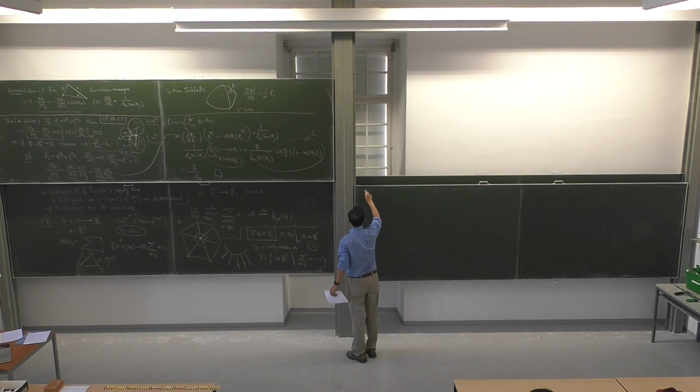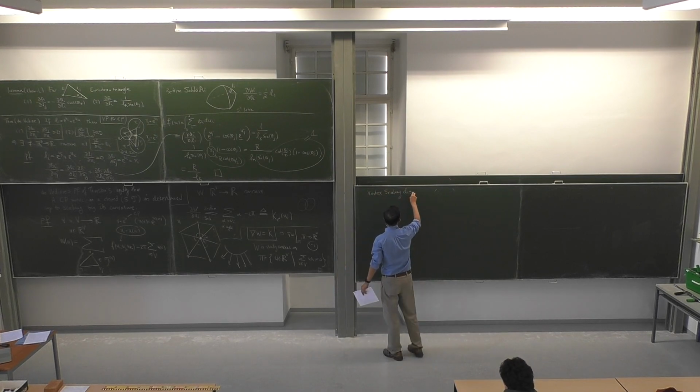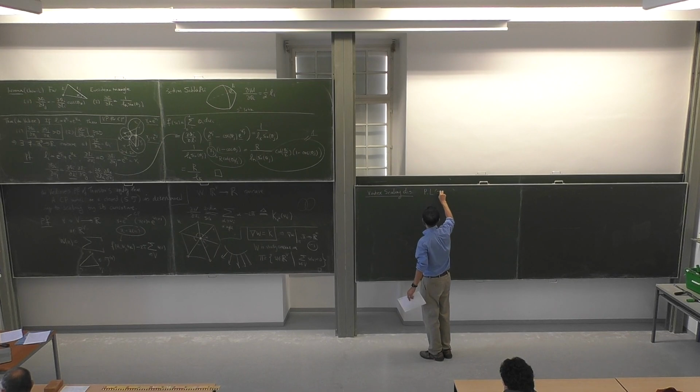So now I'm going to tell you the second discretization, called the vertex scaling, a discretization of polyhedral surfaces.